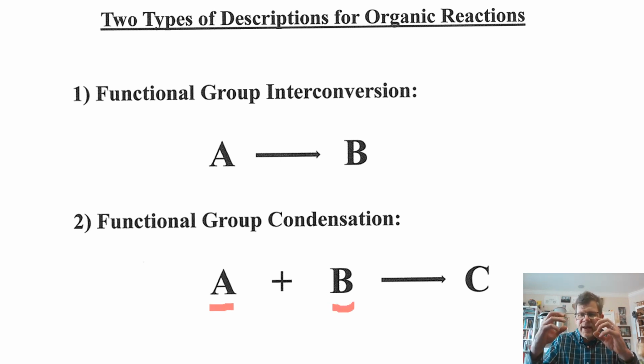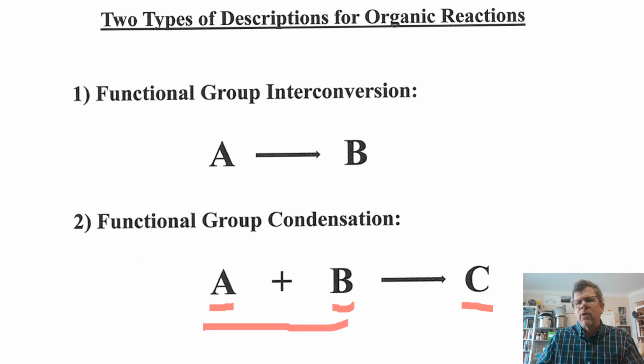And what that means is they form a covalent bond between them so that they end up as one type of structure, a different one. So notice two different functional groups covalently bind together to form a third separate type of functional group.